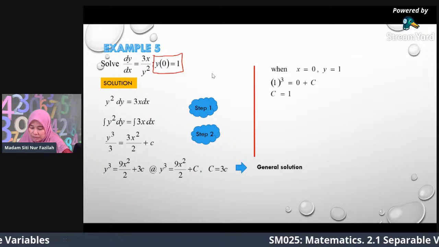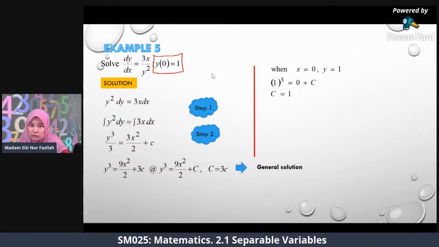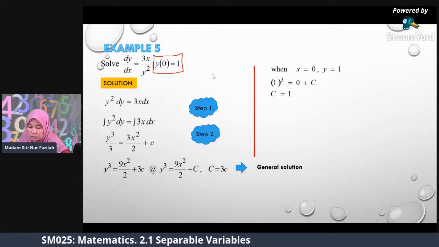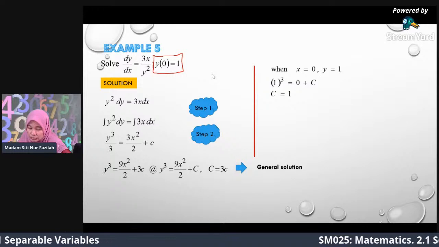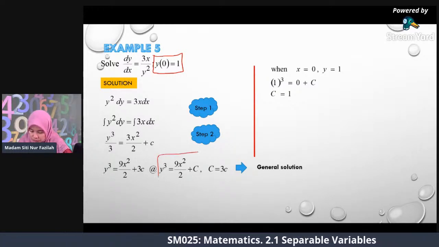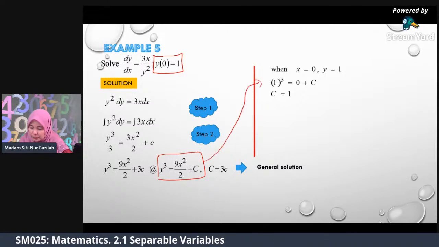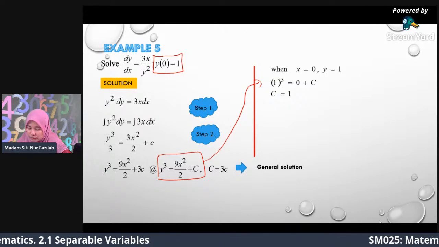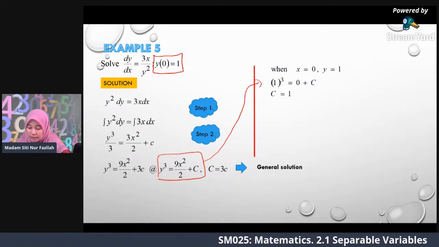We have a condition here. What is the condition? When x equals 0, y equals 1. We substitute into the equation, and we get C equal to 1.